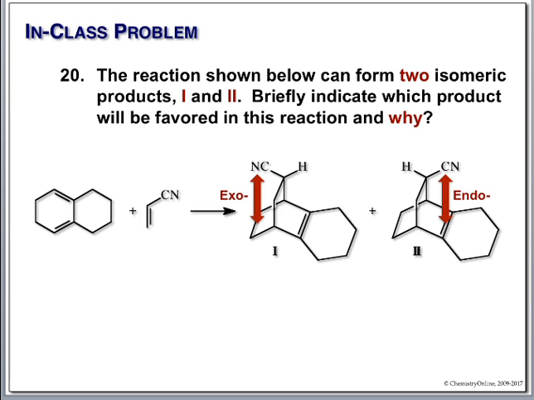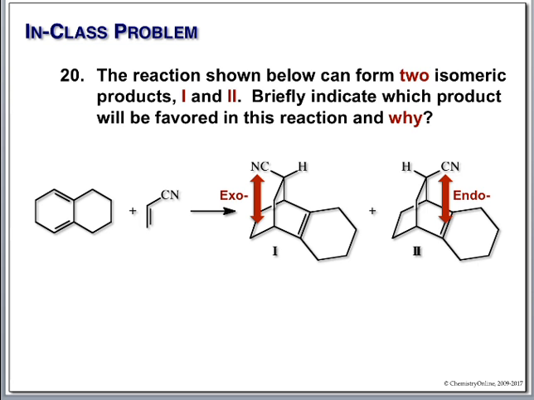Why do we get endo and not exo? Remember, the reason that we said was that the transition state leading to the endo, the pi system here in our nitrile can interact with the pi system of our diene, and that's more stable than simply sticking it out away from it.